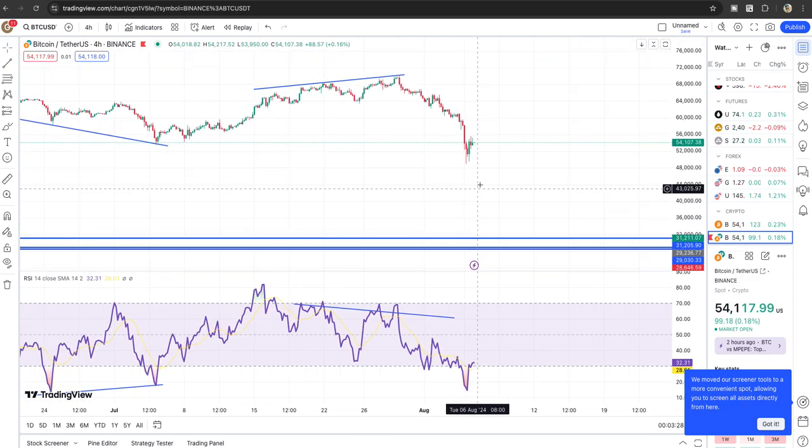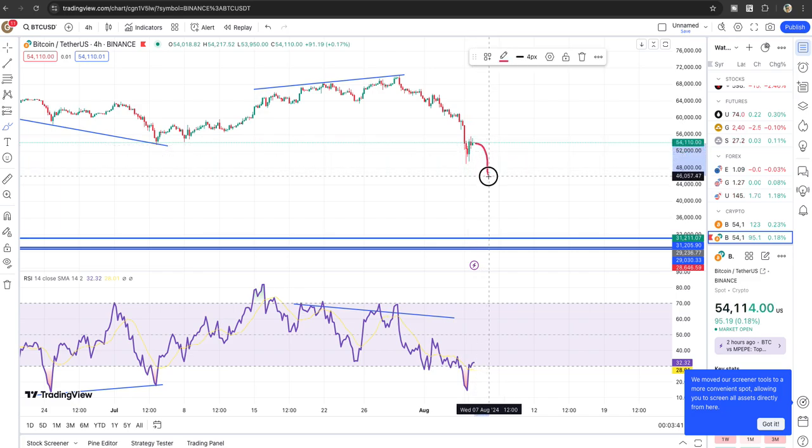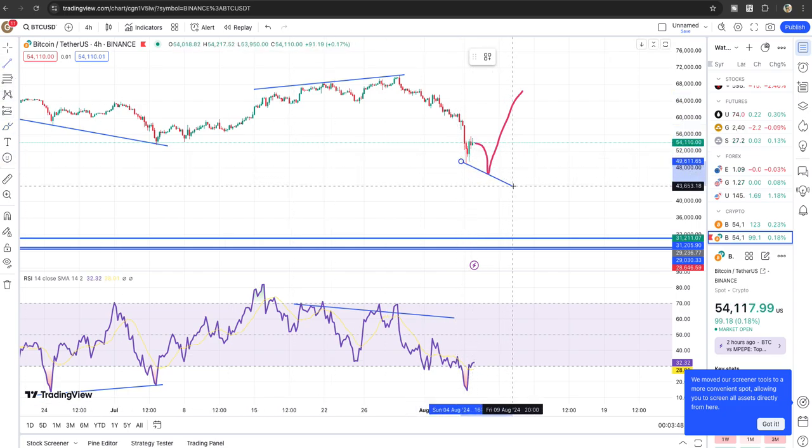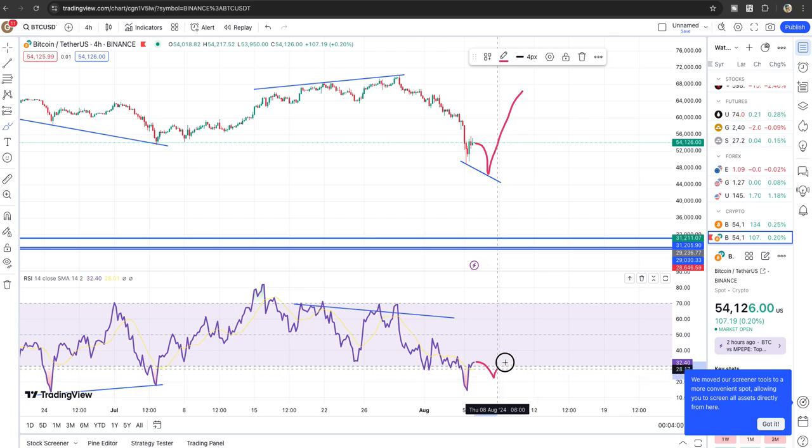So what we need to happen to create a divergence here is something like this. It means in the chart we need to have a lower low, and in the RSI, for the divergence, we need to have something like this.